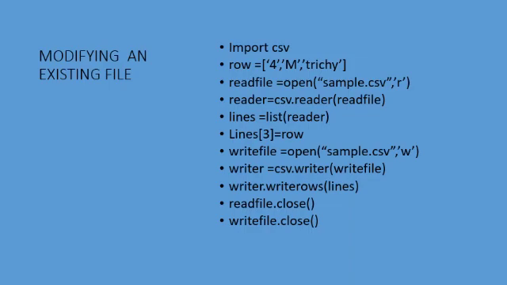So already the writer contains the data to write. In that, I am changing one row which is stored in lines. Writer.writerows of lines. Lines of 3 alone will be changed to the new value.